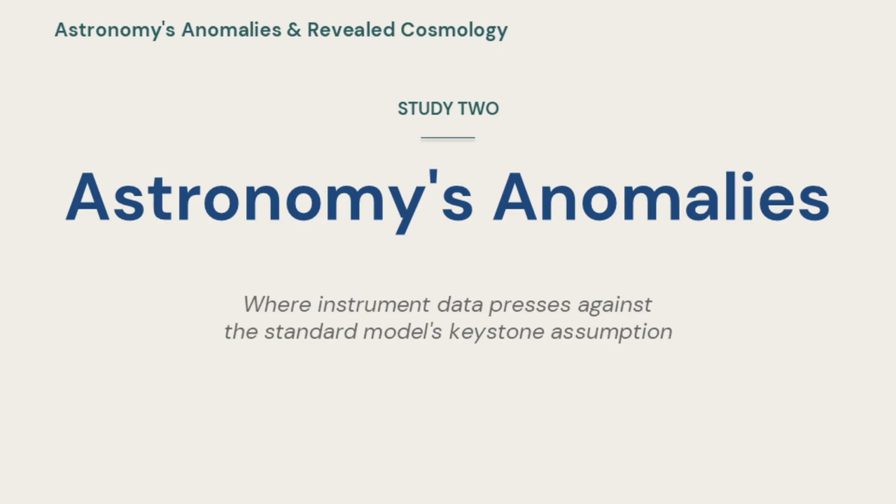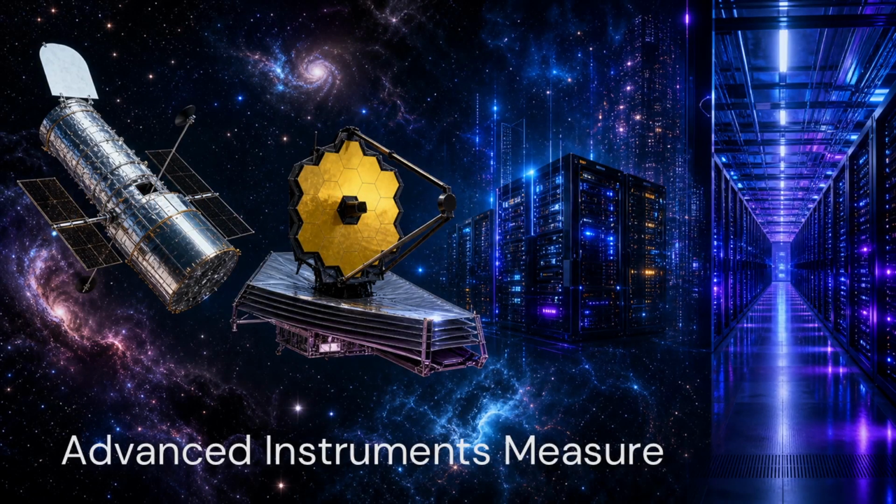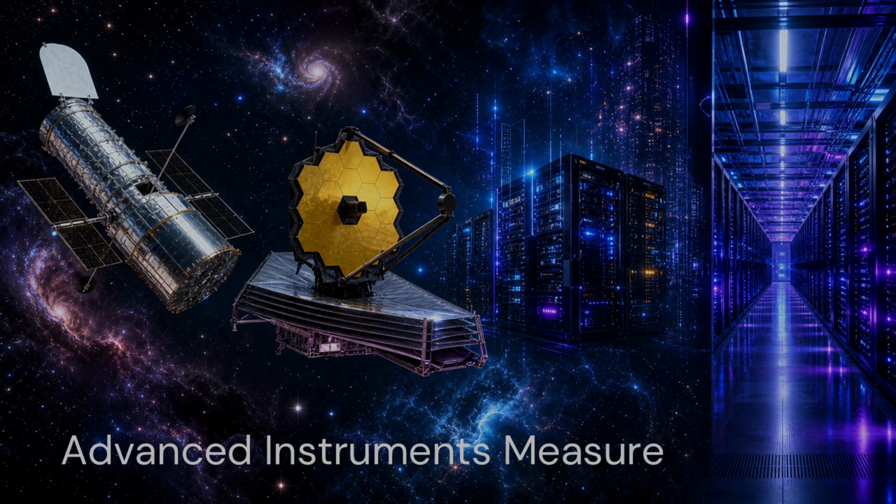The cosmological principle contained no provision for any of it. This second study places instrument data, the actual measurements made by telescopes and detectors, against that disclosed architecture. Each anomaly the Standard Model now carries is examined alongside the architectural feature the papers disclose that accounts for it. The anomalies are not isolated surprises. They share a common upstream cause.